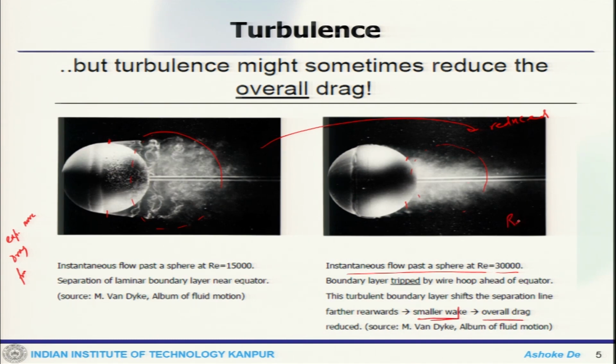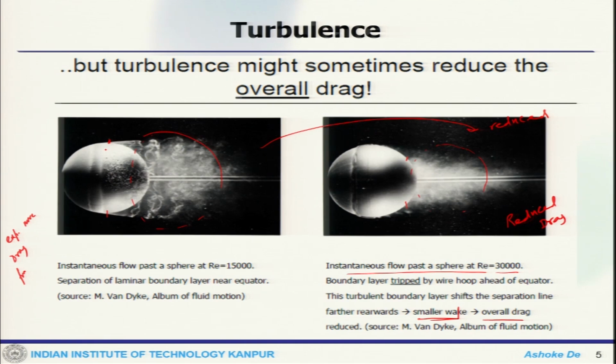In this case you get reduced drag. That means if you have a laminar boundary layer which separates, it actually creates more drag. This is why, when I talked about the cricket ball dynamics, the player rubs the ball on one side and keeps it smooth on the other side. They try to make one side turbulent, where the separation point shifts towards the rear, and the other side remains laminar, where it separates earlier.